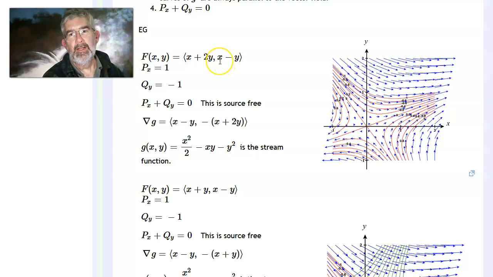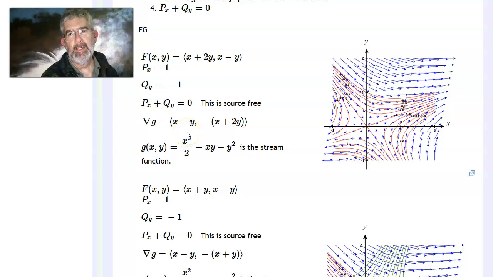So I'm taking the q component and making it the first component for the gradient of g, and I'm taking the p, or the first component of f, and taking the negative of that to make it the second component of the gradient of g. So I'm finding a vector that's perpendicular to my vector field.